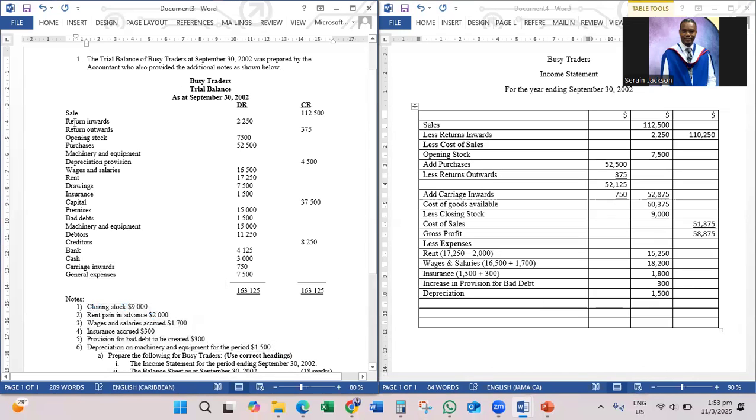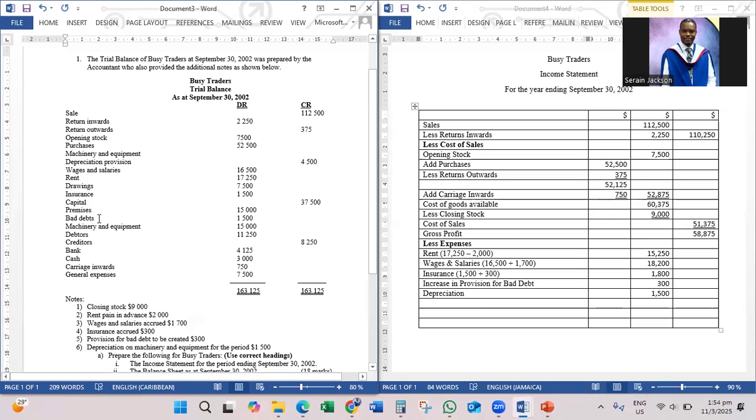I am going to go back through my trial balance to see if there are any other expenses that I would have missed. I already used wages and salaries. I already used rent. Drawings is an expense, but we use that in the balance sheet. Insurance, I used already. Capital is not an expense.